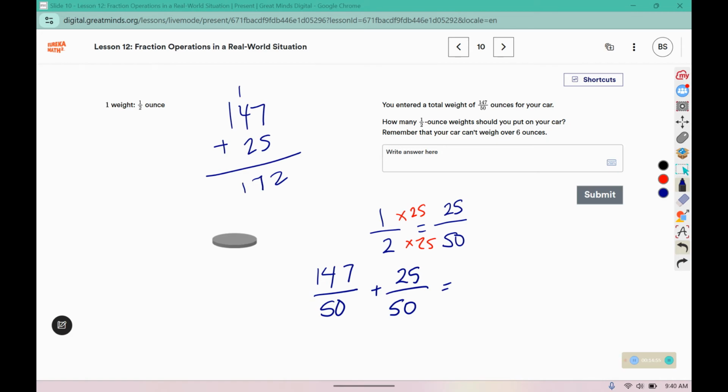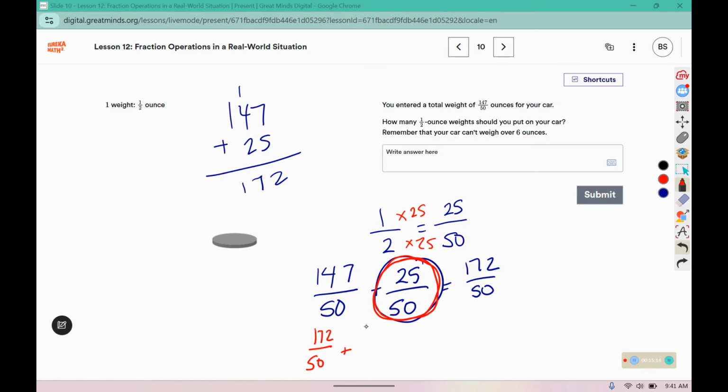That puts me at 172 over 50. That's for 1 weight. I would like to add a couple more. So 172 over 50. Let's add 2 more.